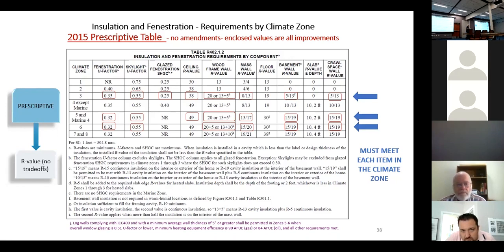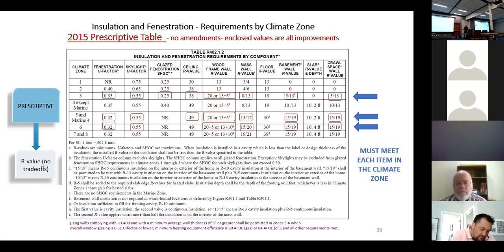So in climate zone 5, where we are right now, make sure we put in 0.32 or lower U factor windows, 0.55 on skylights. We don't have a solar heat gain coefficient requirement. Put R49 in an attic, put R20 or 13 plus 5, which is 13 in the cavity and 5 in foam on the outside.